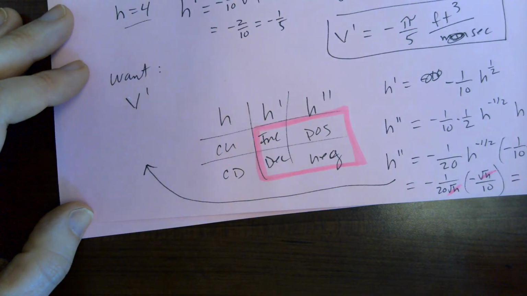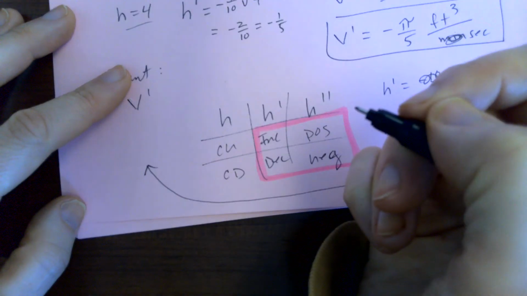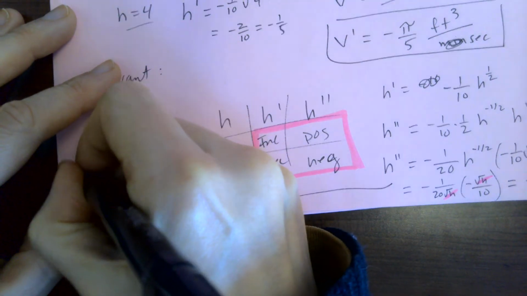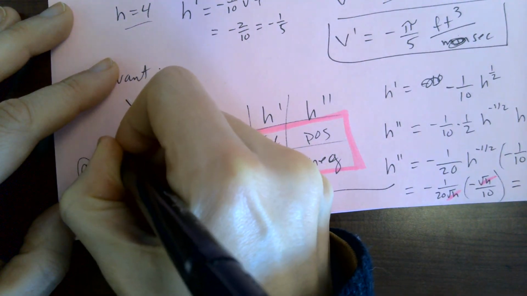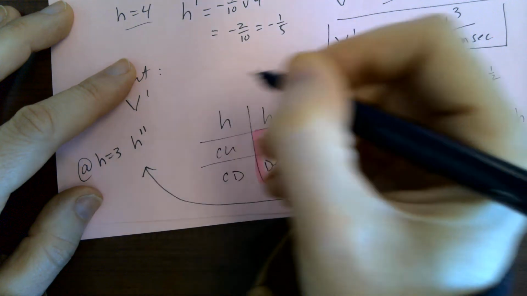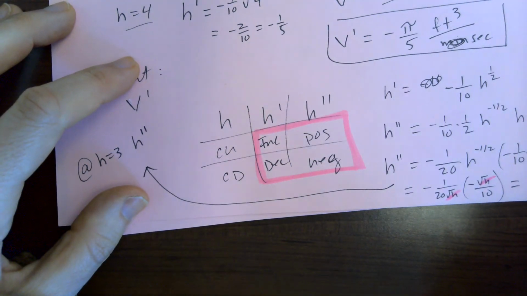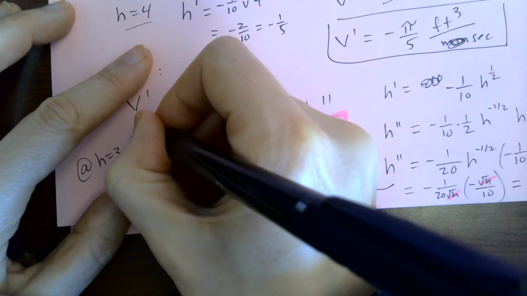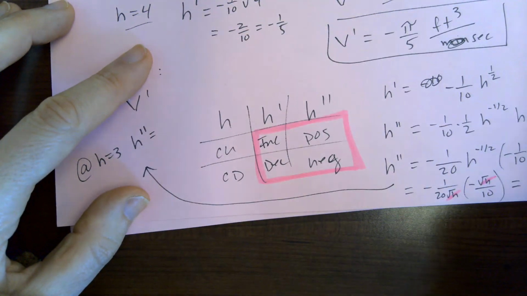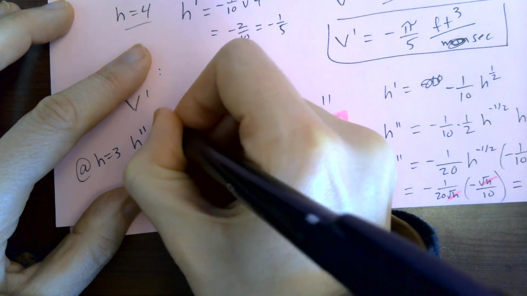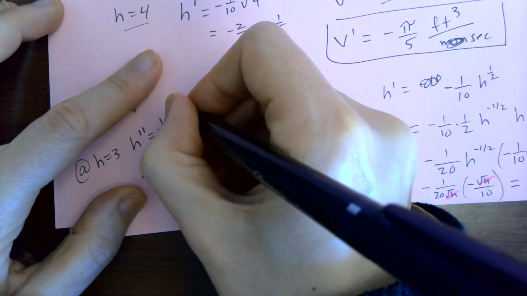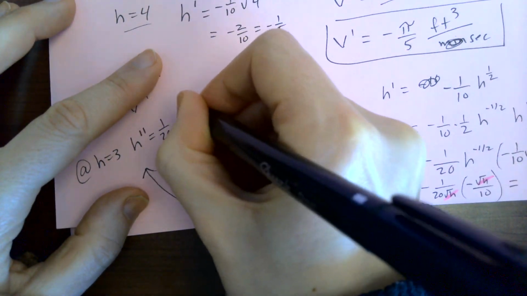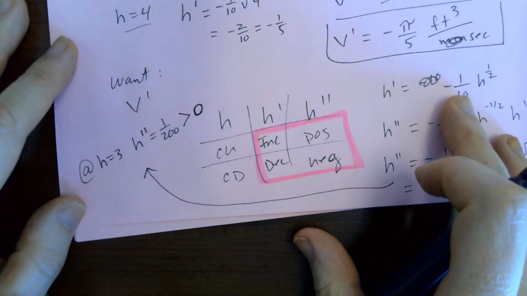I'll just say it like this: at H equals 3, H double prime equals 1 over 200, which is greater than 0.